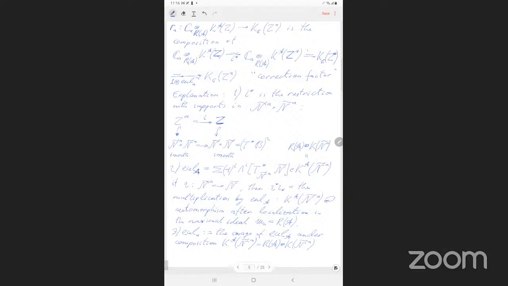And then we can take the evaluation at point A and identity along the second factor. So we go to just complex numbers and the non-equivariant K theory of the fixed point set. And this is but non-equivariant K theory complexified of the fixed point set. Okay, so this is the definition.